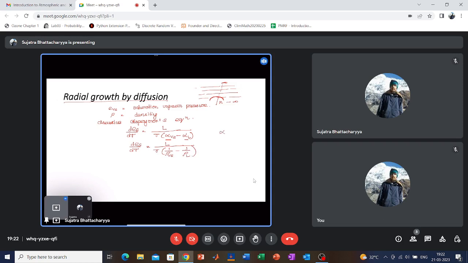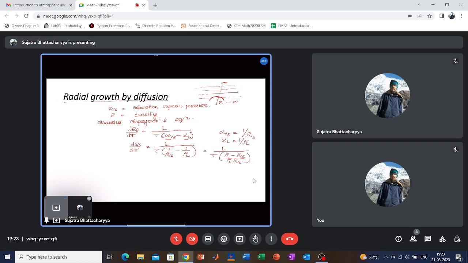Because alpha Vs is nothing but 1 by rho Vs. Similarly, alpha L is 1 by rho L, because by definition alpha is 1 by rho, the density. We can further write it as L upon T and simplify this term: rho L minus rho Vs divided by rho L rho Vs.